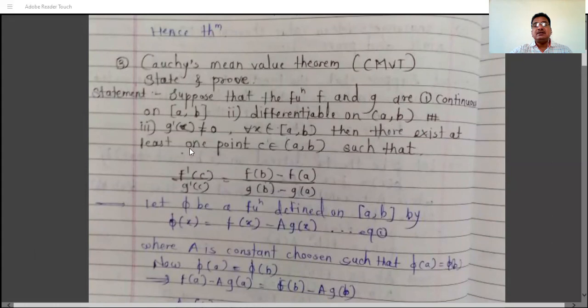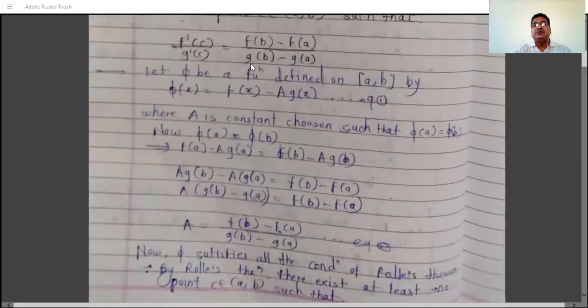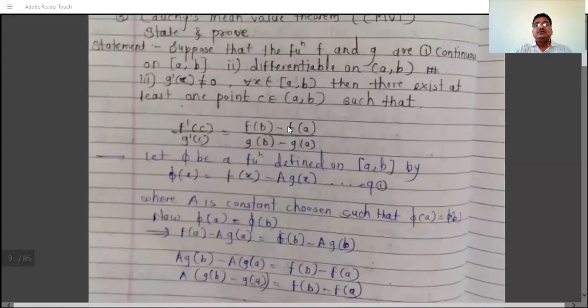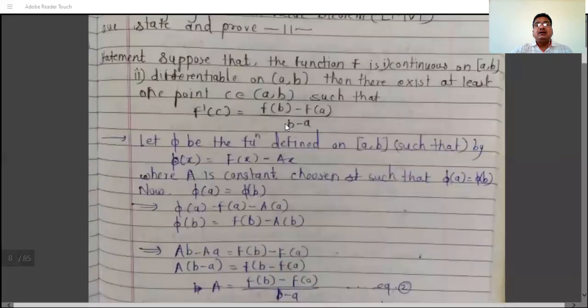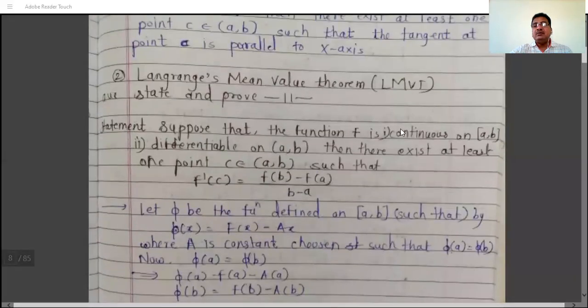This condition is needed in order to prove that g(b) minus g(a) is not equal to 0.